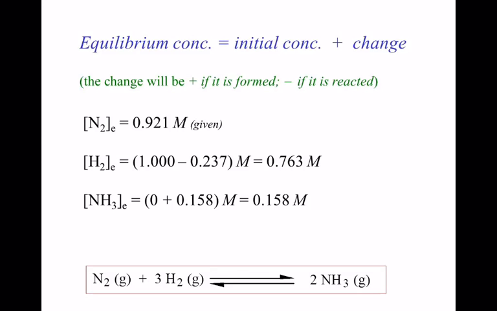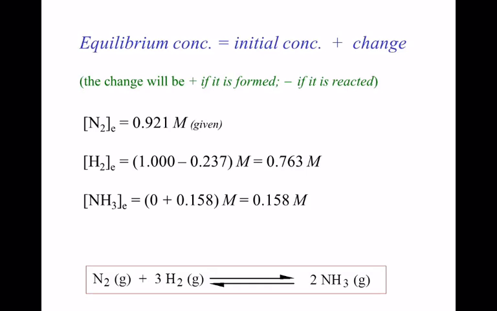Our change was 0.237 moles per liter. Our equilibrium concentration is 0.763 moles per liter. For ammonia, we had 0 to begin with. Our change was 0.158 molar. 0 plus 0.158 molar is 0.158 molar.